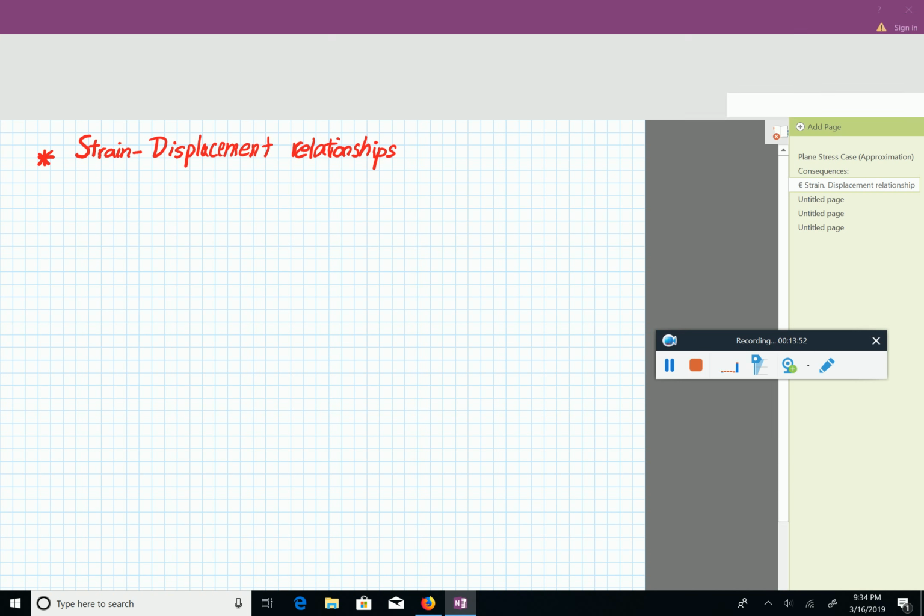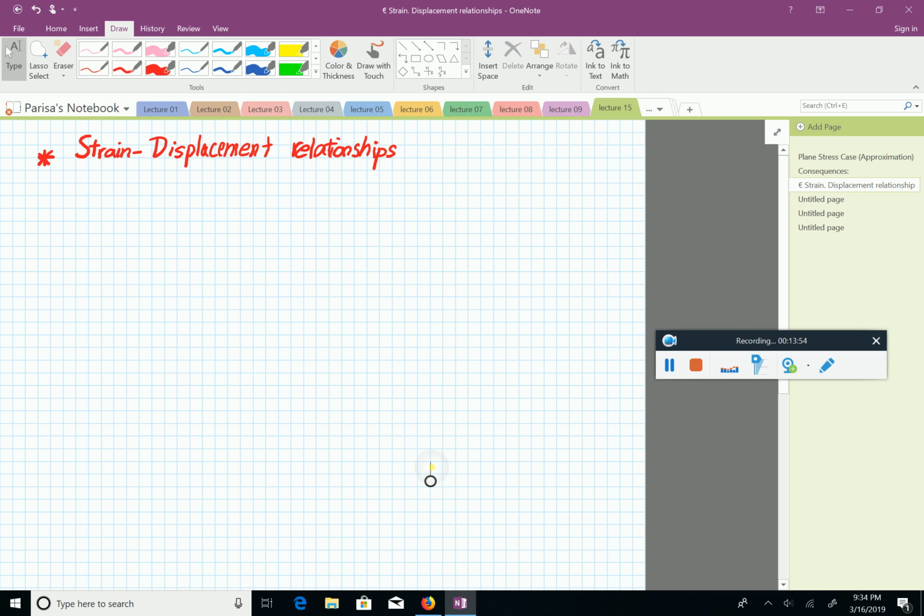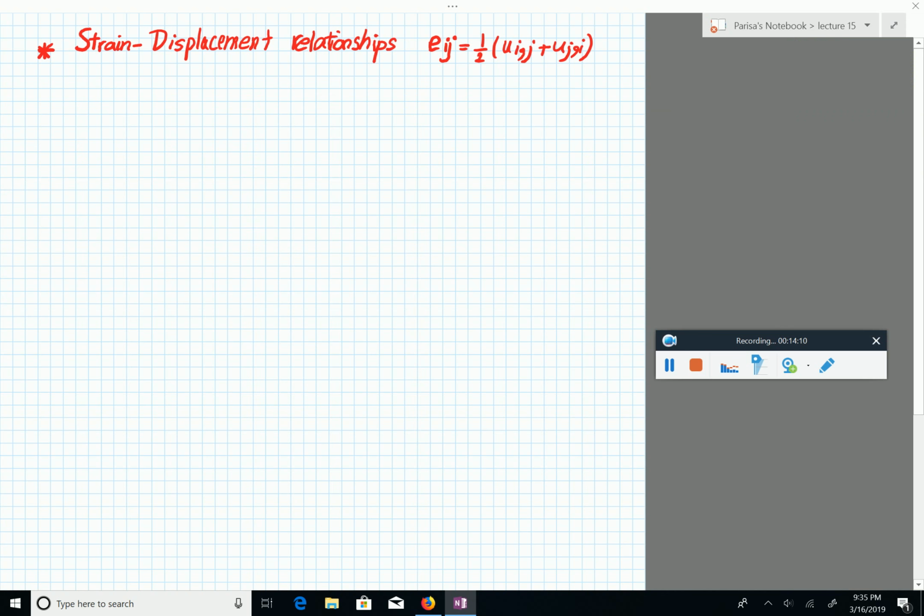So generally, if you all remember, then Eij is 1/2 Ui comma j plus Uj comma i. Similar to planar strain, if we look at individual components, then we are going to have Exx equals U comma x.